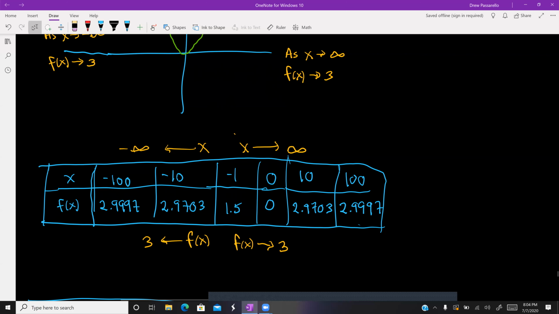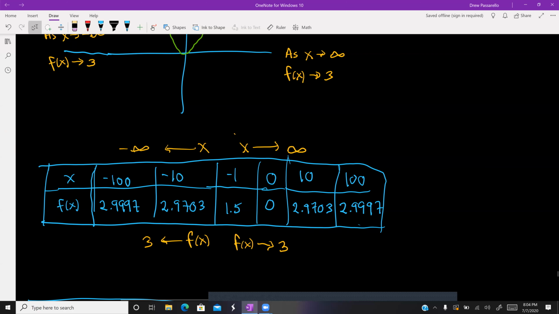That's more negative than -10. Even at -10, it's 2.9703. Similar to the other side, for 10, it's the same y-coordinate as -10, and then 100, same y-coordinate as -100. So this table just reinforces the idea that as x gets really big, positive infinity, or gets really big to negative infinity, the f of x values get closer and closer to 3.